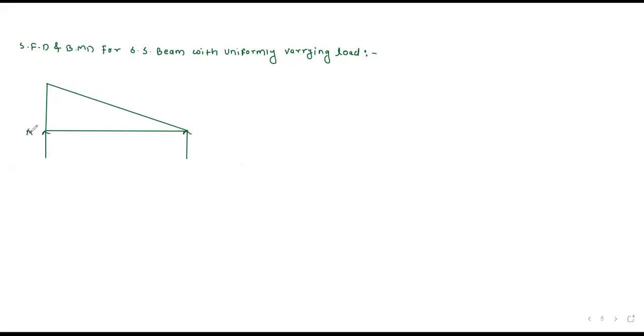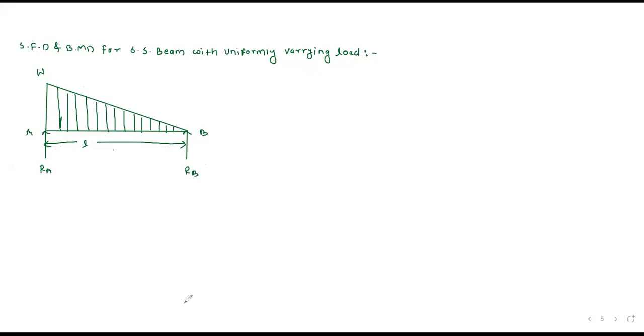So this is the AB beam, and the span of this AB beam is L meter. The intensity of the uniformly varying load is W. And this is RA and RB.